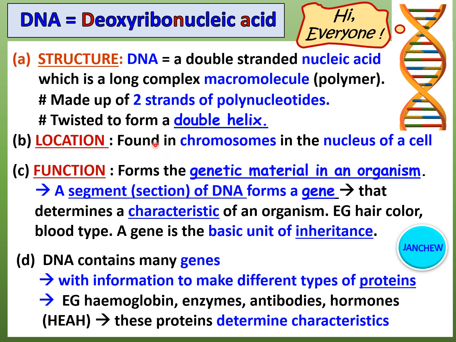Location. The DNA is found in the chromosomes in the nucleus of a cell. So a large part of the chromosomes are the DNA molecules, which are very long, and they are coiled up tightly in the chromosomes.